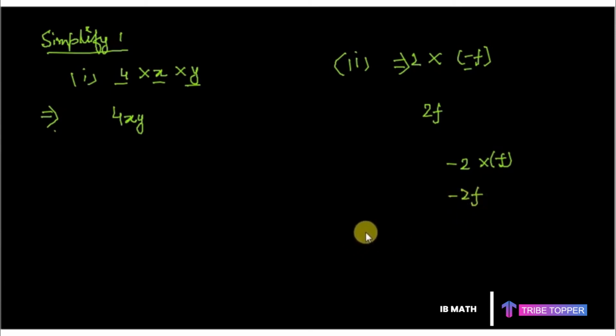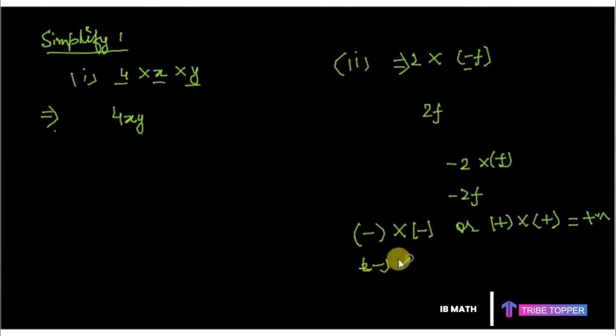So what you have to remember is, if you have the same sign, that is negative multiplied by negative, or positive multiplied by positive, the answer would be positive. But if you have opposite signs, like a negative multiplied by a positive, the result would be negative. Alright, so I hope you've understood how to multiply the numbers.